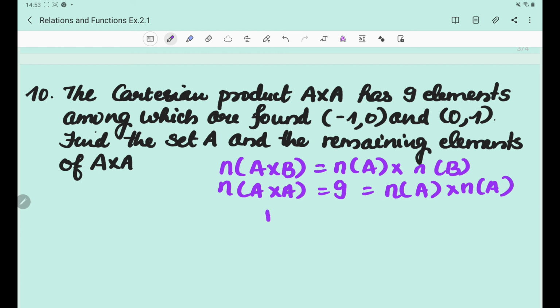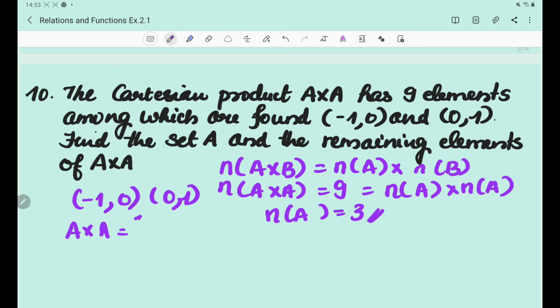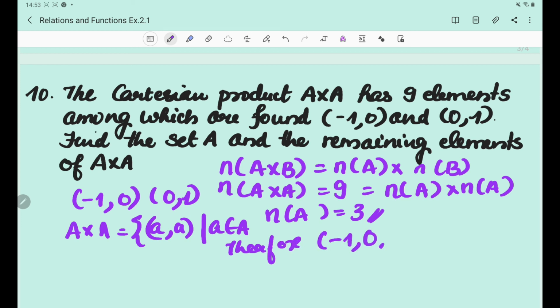From this, we could easily find the number of elements of A. There are 3 elements. Also in the question, 2 of these 9 elements are already given. Which are they? (-1, 0) and (0, 1). Also, we know that A cross A is the set of all ordered pairs (a, b), where a and b belong to A. So therefore we can write that -1, 0 and 1 are the elements of set A. So we can now easily find the remaining elements.